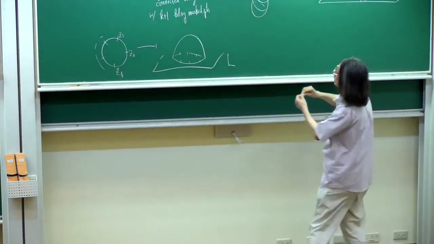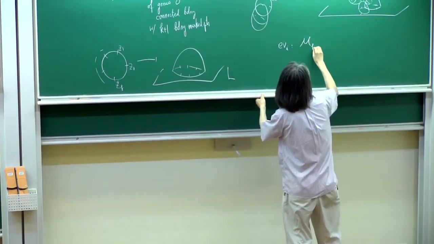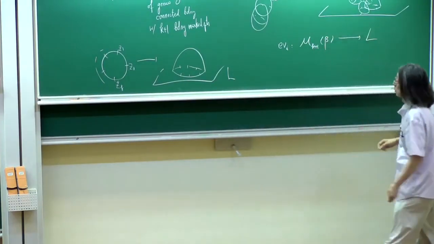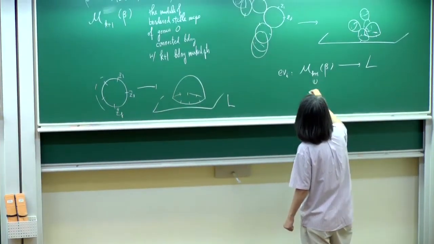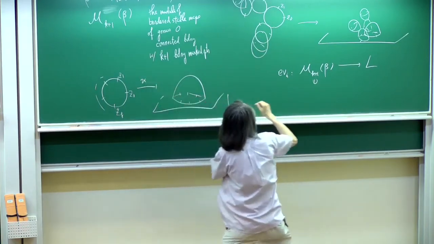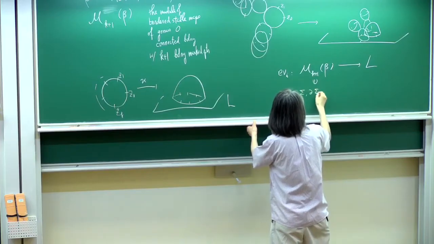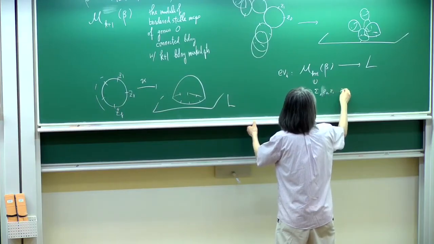And then we have an evaluation map from this space to this Lagrangian manifold L. Let me give it a name here, u. So here u, and then sigma, d sigma, and Z0, Z1, up to Zk.